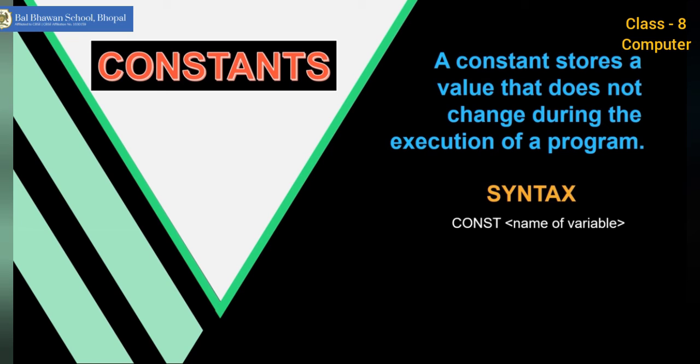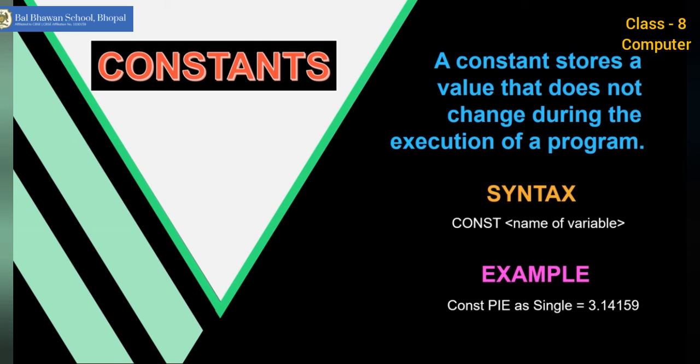Let's see the syntax for constants. The syntax is the way of writing it. So the syntax is Const. We have to use this keyword and after this we have to write down the name of the variable. Let's understand this with an example. Const is the keyword that we have to use always. Then we will use the variable name as pi.